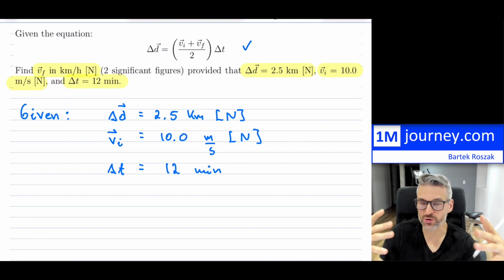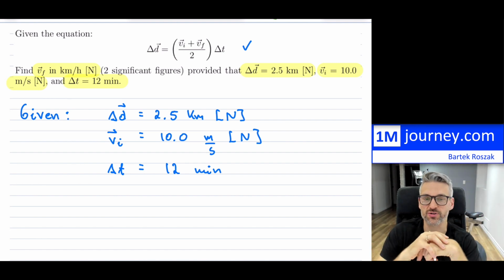You can use whatever units you want as long as you're consistent. For example, change the kilometers to meters, and that way you're only dealing with meters. You can change the 12 minutes to seconds, and then you'll only have meters and seconds. Now you might say, okay, well, then I'm going to get my answer in meters per second.